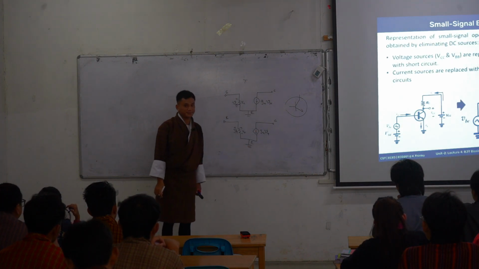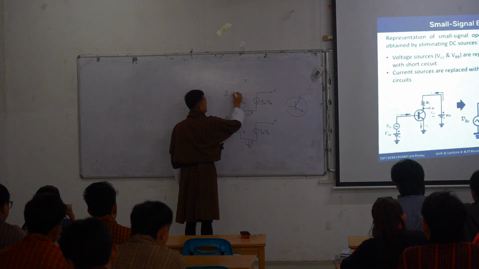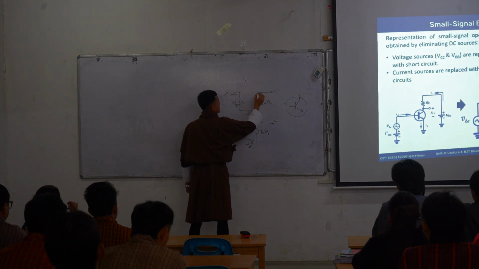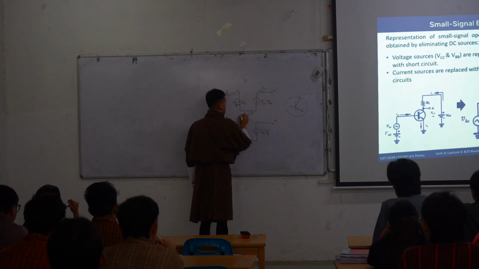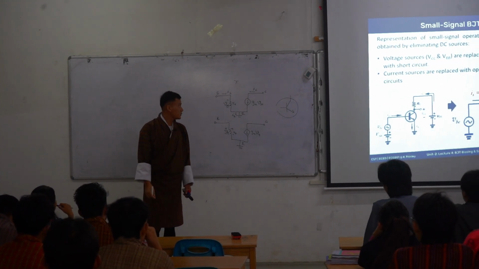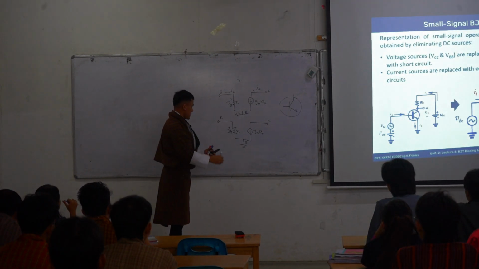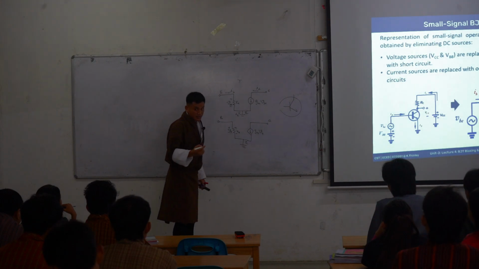Hybrid pi model. Agree? So this is your small letter ib, and this is your small letter ic, and from here there will be small letter ie. So we can calculate your ie from here. You can use KCL over here. I think I gave it as homework yesterday.